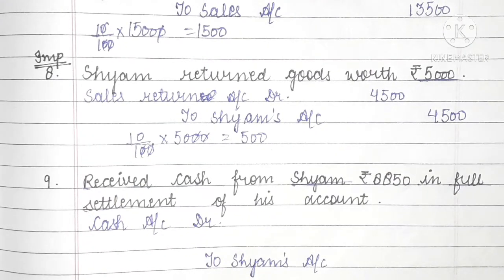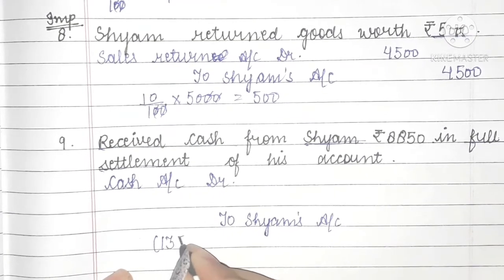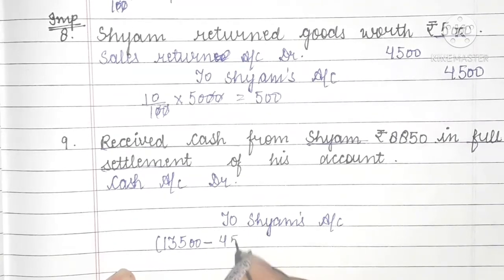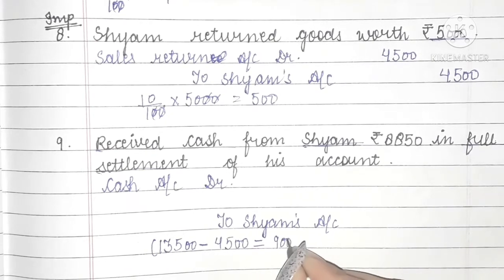This is because the sales we made to Shyam were for rupees 13,500 and the goods which were returned by him were for 4,500. That brings us to the fact that 13,500 minus 4,500, Shyam had to pay us rupees 9,000.